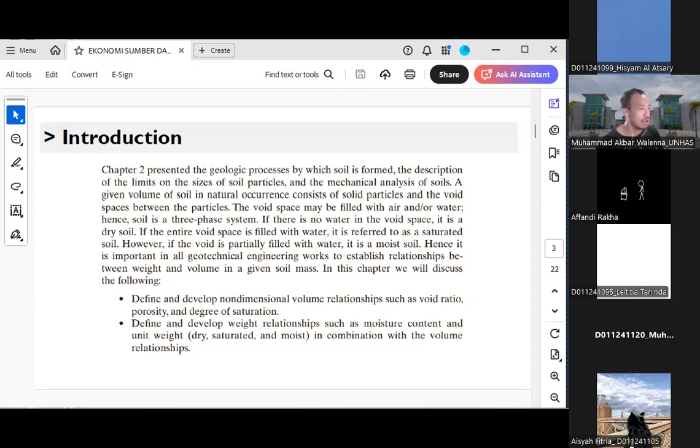So when you have more air and more water inside the three-phase system of soil, it's going to compress more, and you have to be worried about soil that has a higher potential to compress.